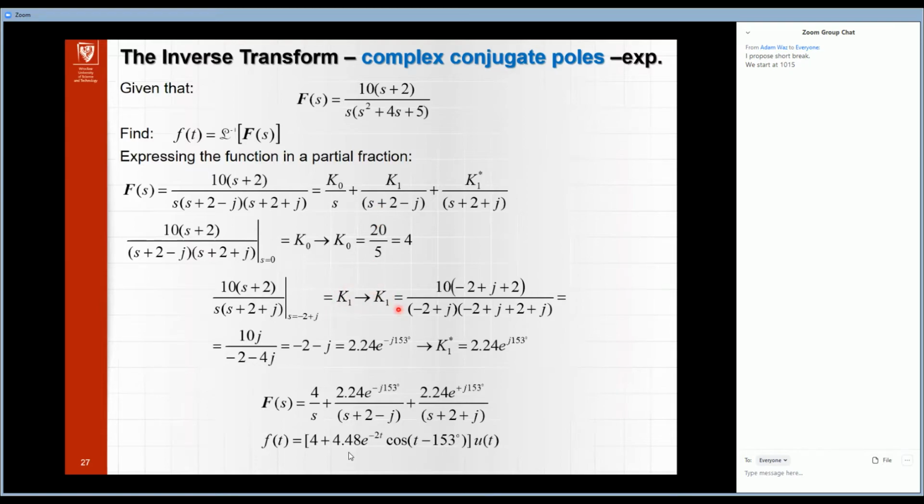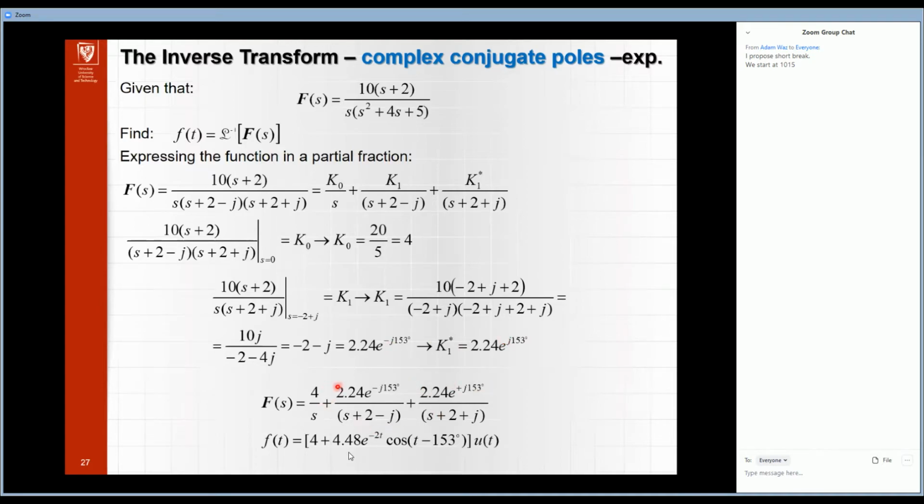When I calculate this, when I put this value instead of s, I obtain -2 minus j, and I change this form of complex number to magnitude and phase. And of course, we know the conjugate has the same amplitude, but with the opposite phase.